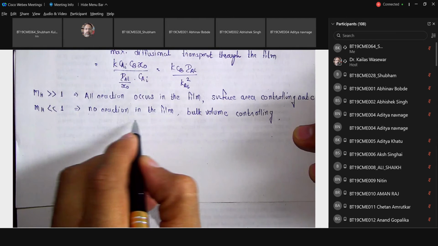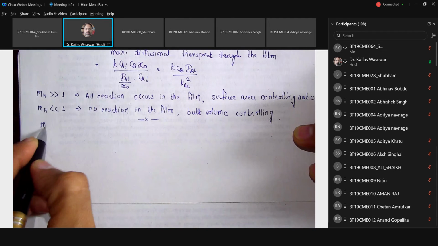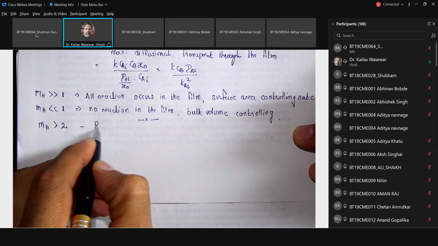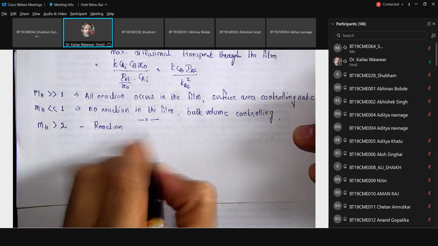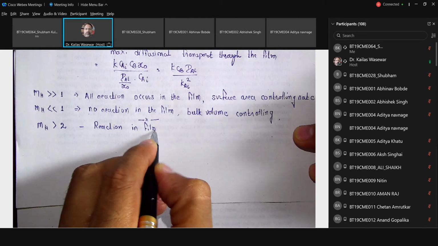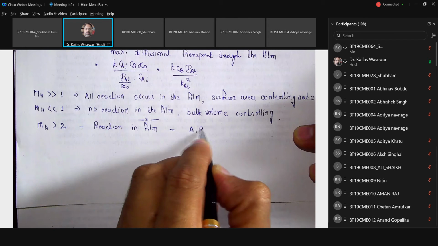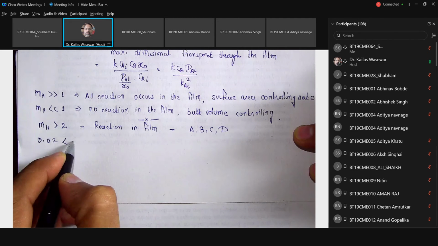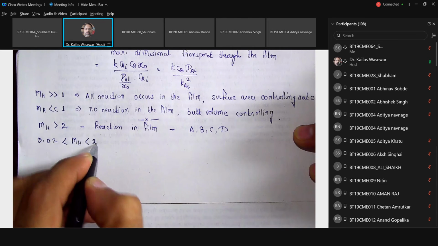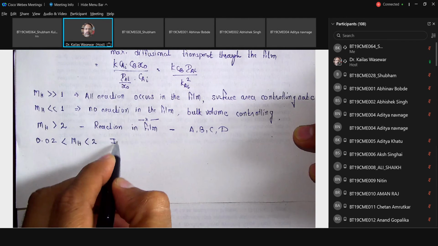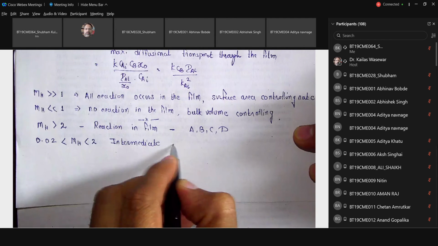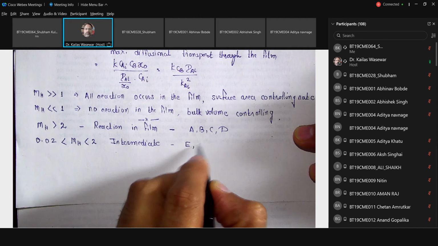Further, if you split it based on that particular figure, if MH is large, it is reaction in film with cases A, B, C, and D. Further, we have to identify that one. Then if it is in between 0 to 2, then we have the intermediate, that is E, F, G cases.